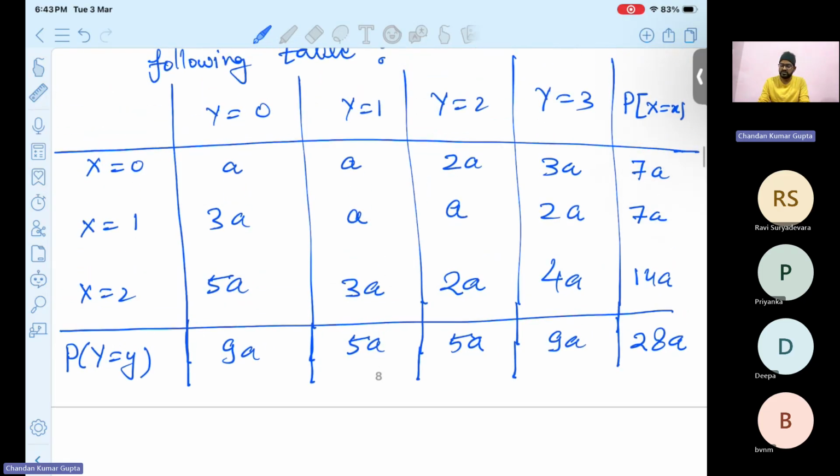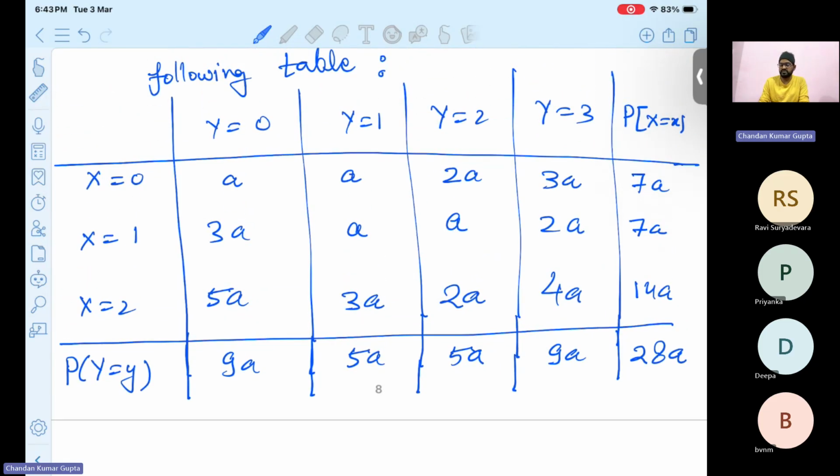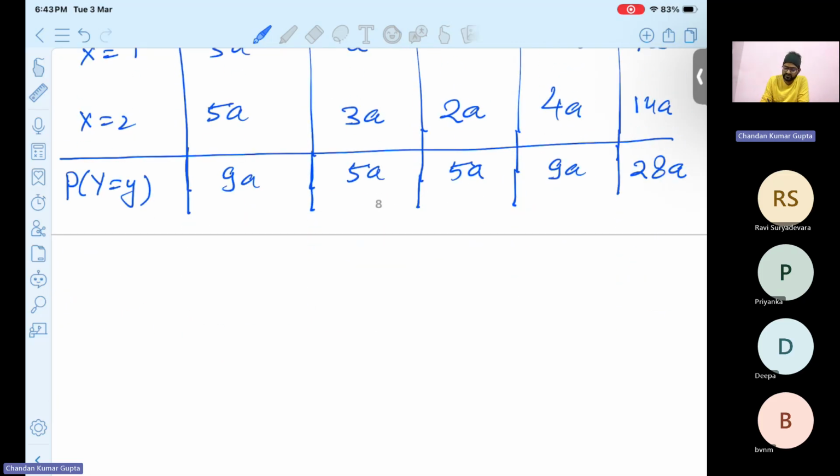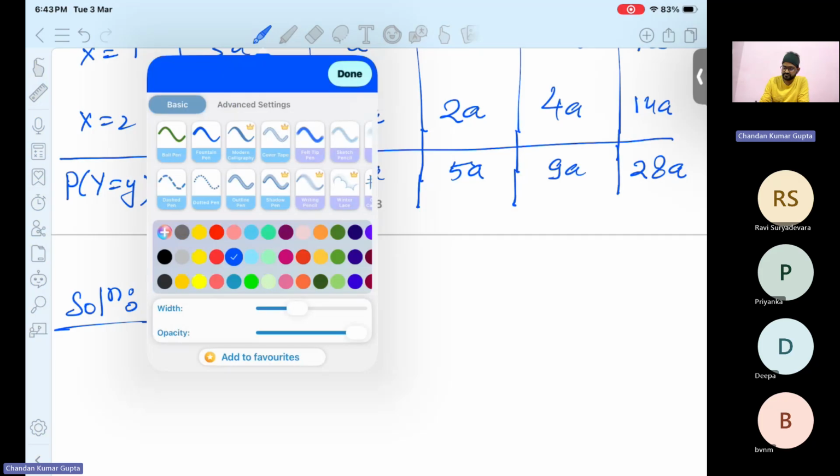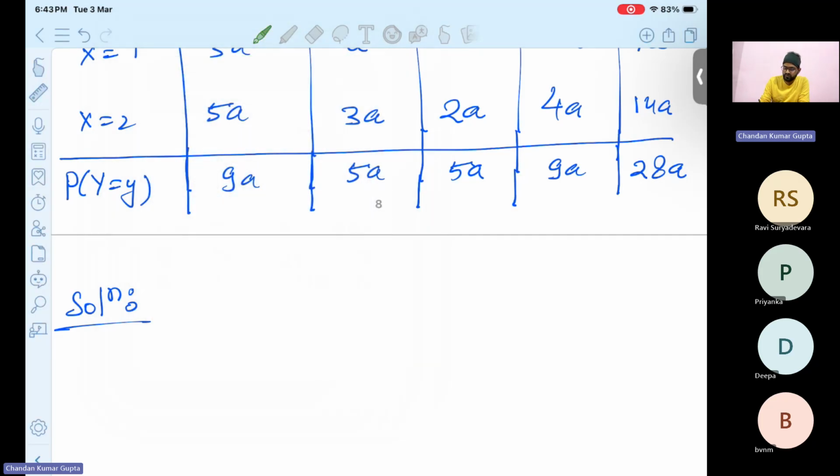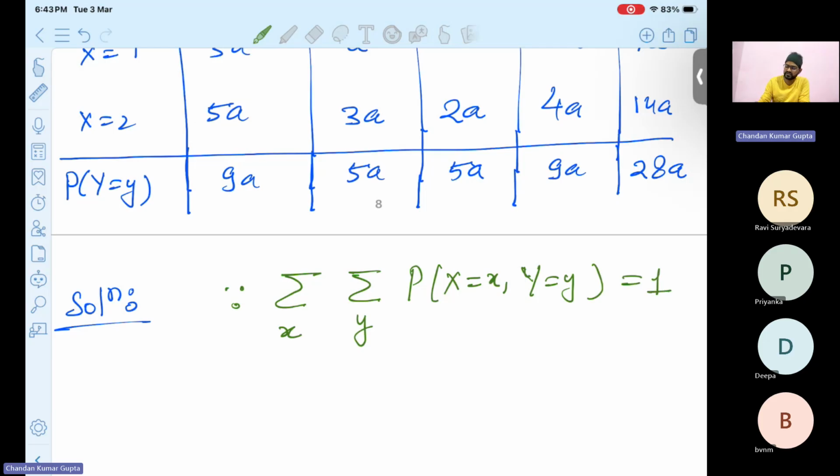If this is a valid PMF, then the first thing is, obviously, 28. Okay. Since the summation over x, y of the probability that x equal to x, y equal to y comes out to be 1.